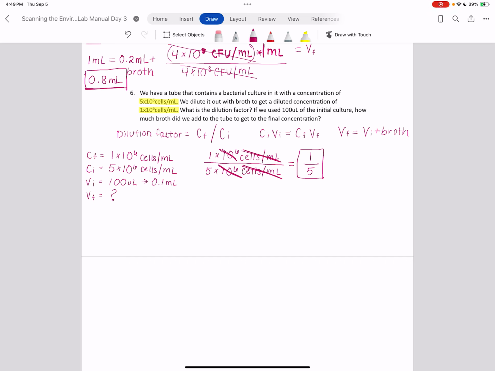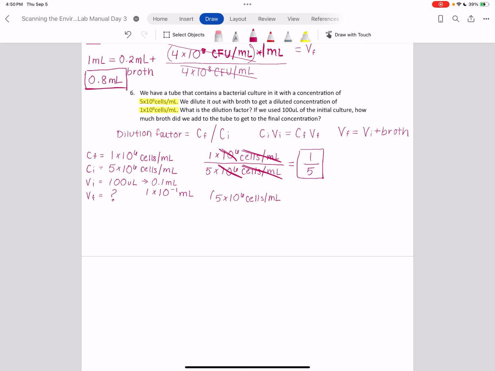And like I've mentioned before, I like to even take it a step farther, and I like to write this number in scientific notation. So this will be 1 times 10 to the negative first. And again, keeping our units, that'll be in milliliters. So now, plug in our numbers. We end up with 5 times 10 to the 6 cells per ml.